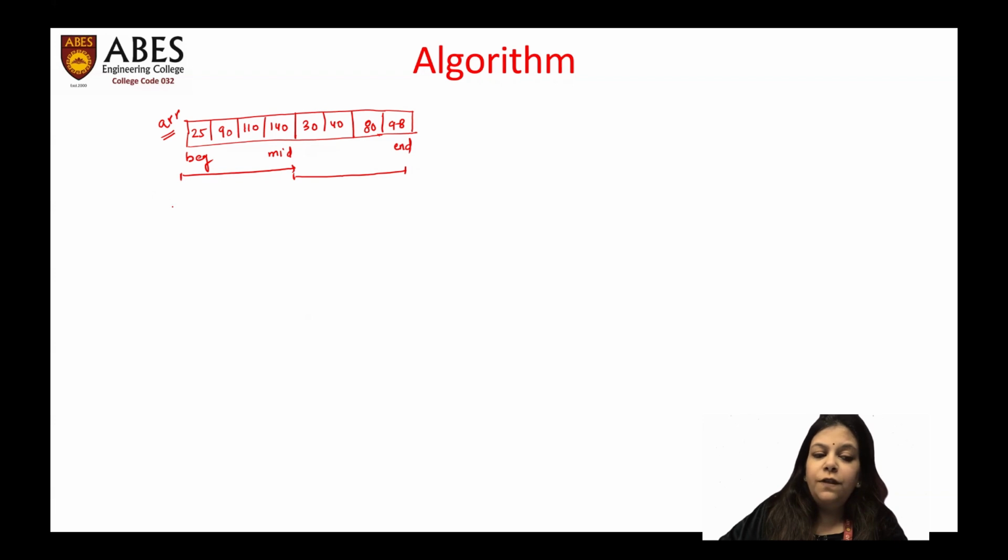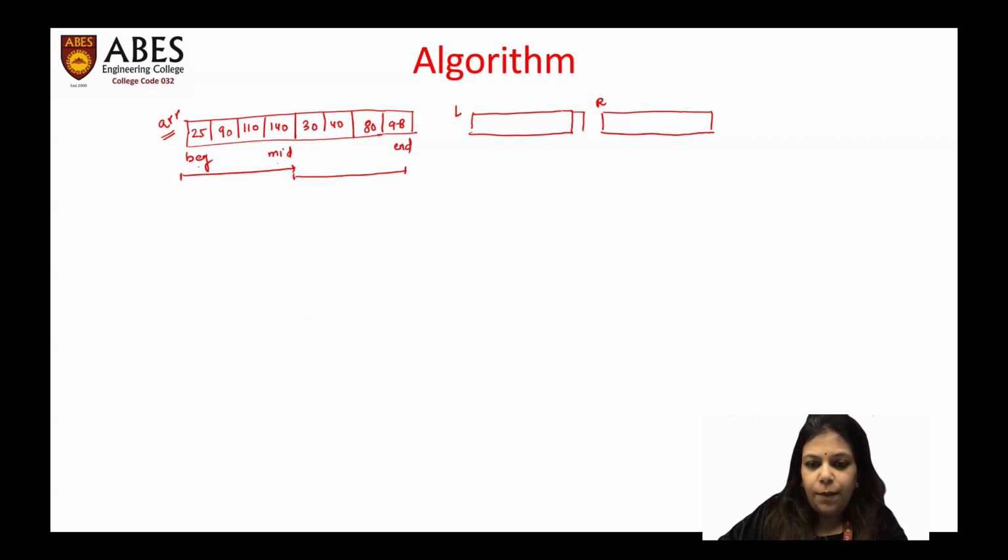So for this, what will we do? We will first of all create two subarrays, suppose with the names L and R. Both of them will have the number of elements equivalent to the number of elements from beginning to mid and from mid plus 1 to end, and one extra element to store infinity.